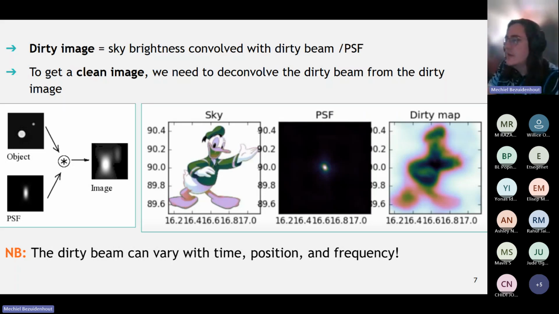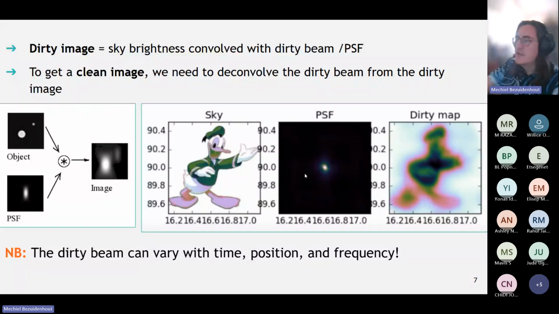So for example, if we have a picture on the sky that looks like Donald Duck here, and we convolve it with a point spread function like this, if that point spread function was an exact point source, if it didn't have any extent, then we would get back an exact copy of the sky.